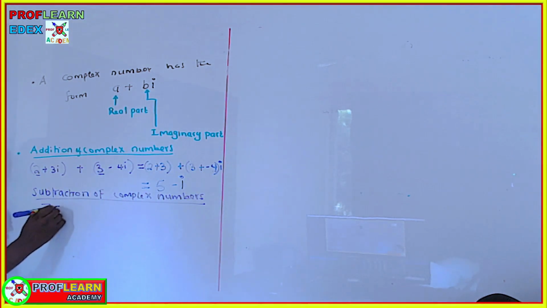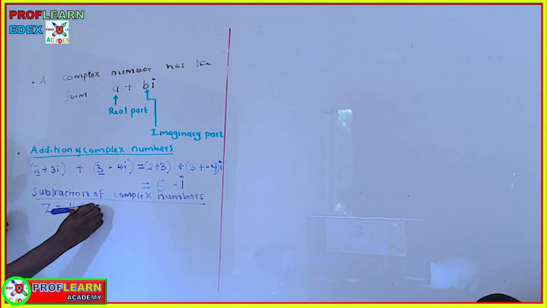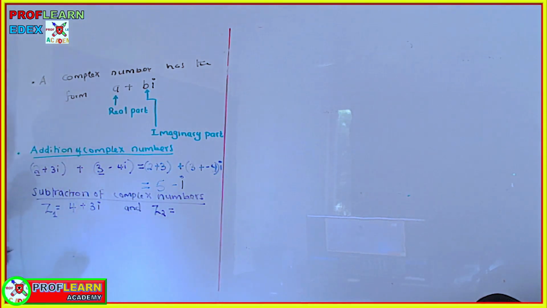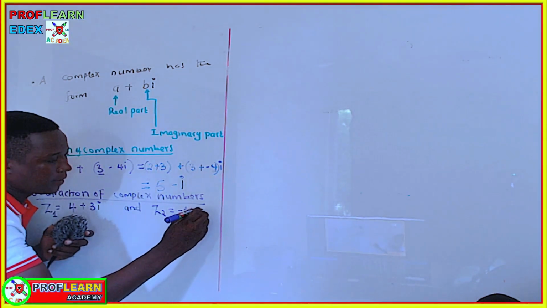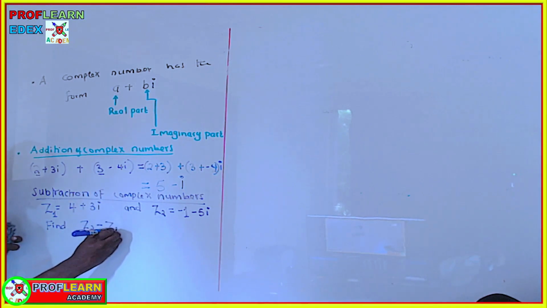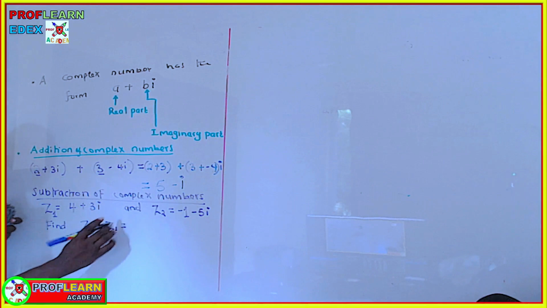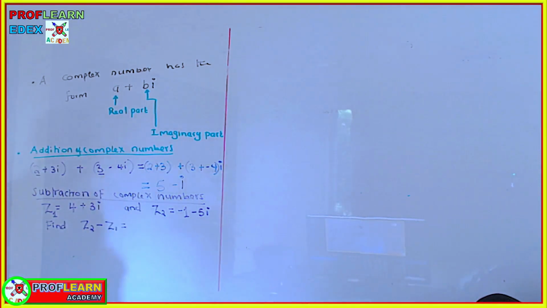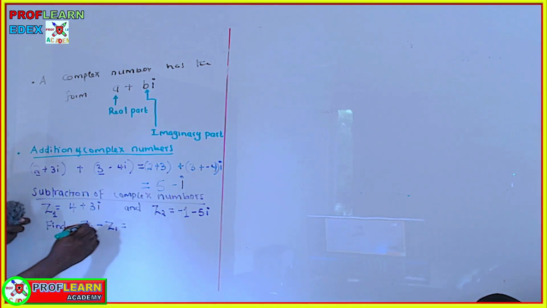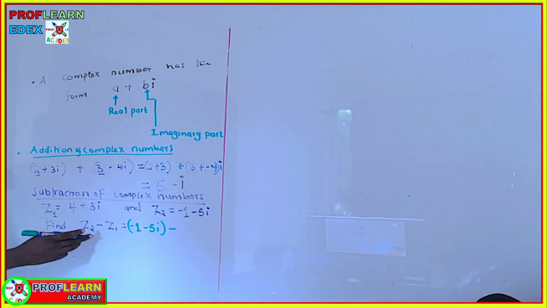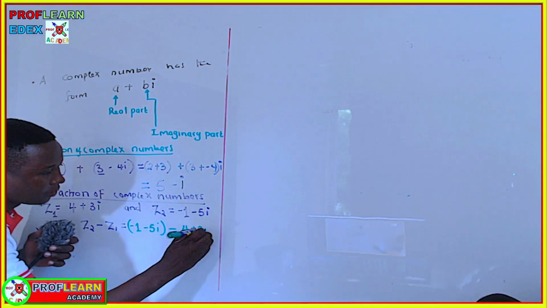If you are told that z1 is equal to 4 plus 3i, and you are given z2 is equivalent to negative 1 minus 5i, and you are told to find z2 minus z1, in order to work this out, we are going to say this is equivalent to Z2, which is minus 1 minus 5i, minus Z1. Our Z1 is this one, which is 4 plus 3i.